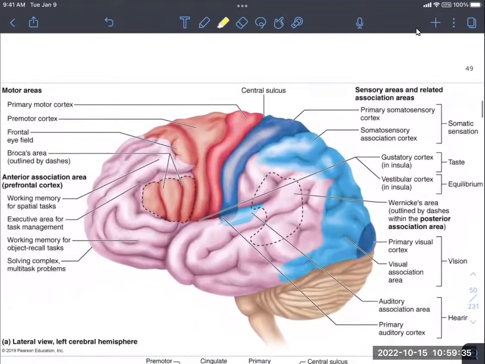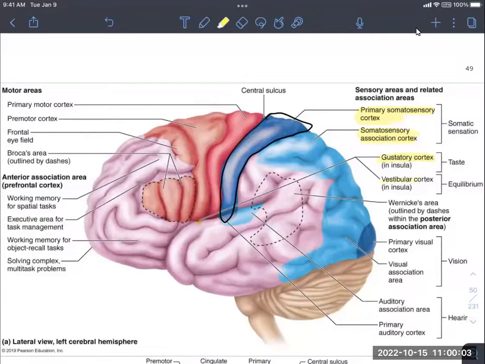So let's look. We have that primary somatosensory cortex, which is this dark blue. And just behind it, somatosensory association cortex. You can see that gustatory, they're pointing to the insula that's deep behind that temporal lobe.